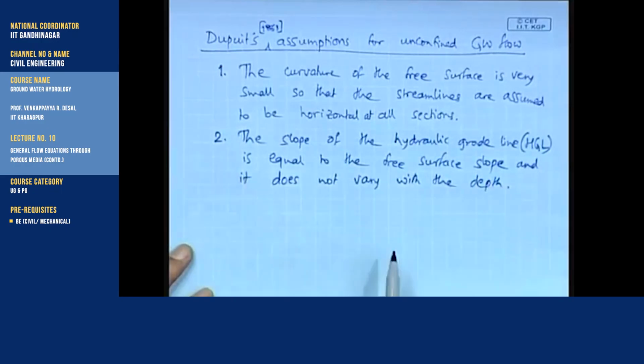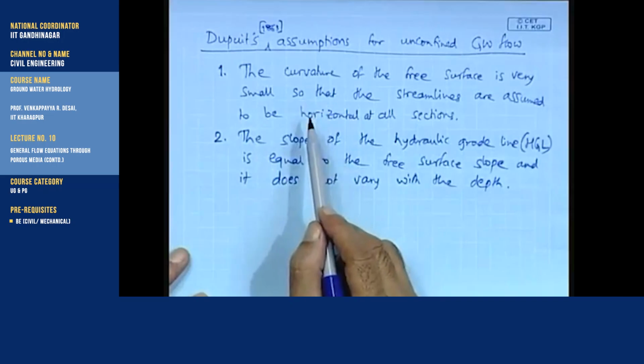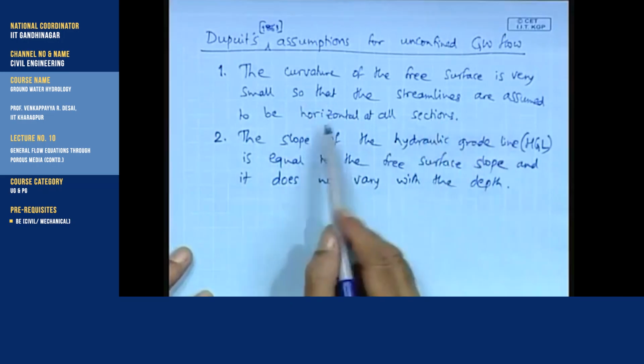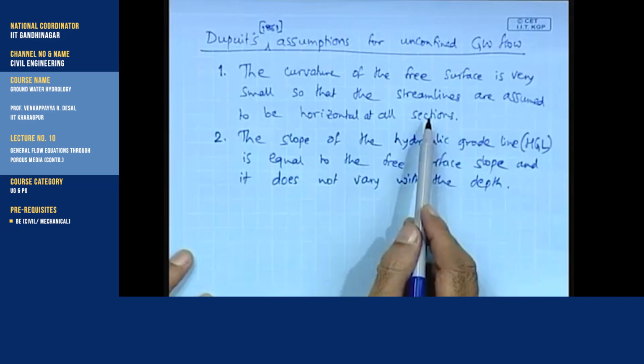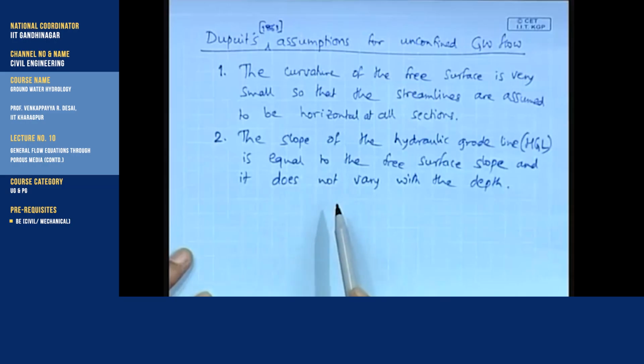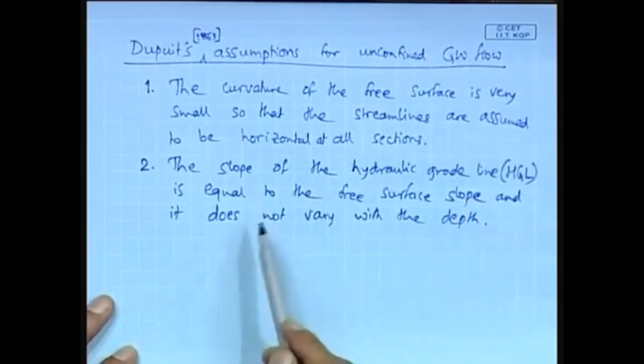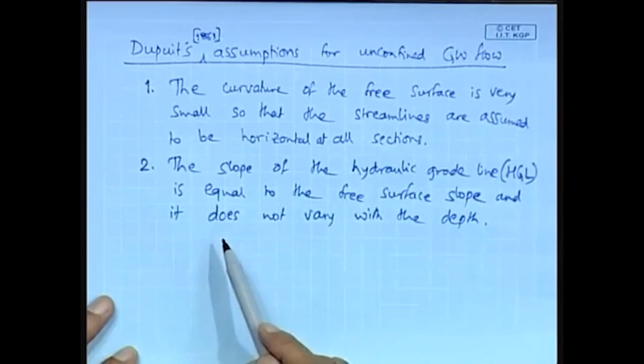So, this is the second Dupuit's assumption. The first assumption, in which the streamlines are assumed to be horizontal in all directions, so that whatever little inclination in the streamlines is there, that is neglected. And the second assumption is the slope of the hydraulic grade line is equal to the free surface slope and it does not vary with the depth.